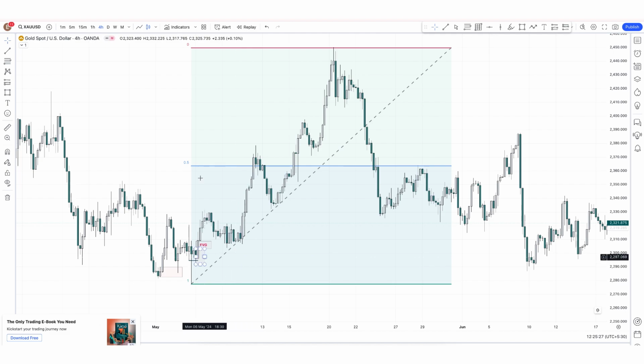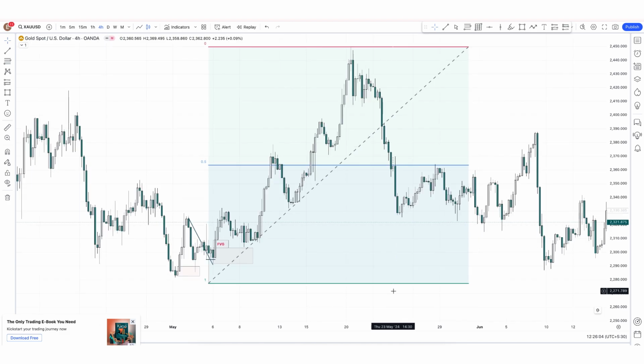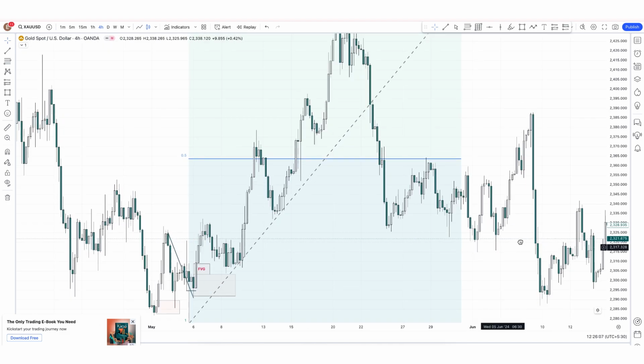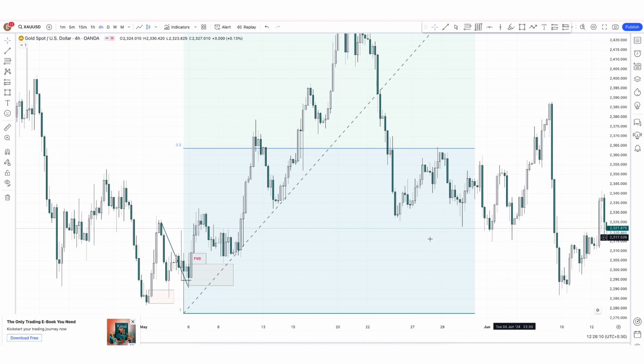The whole move from this top to bottom we call the order flow. The order block rests inside the order flow, and we check the fair value gap associated with the order block. Now this is the order block. In the next videos I'll explain the order flow, mitigation and unmitigation.